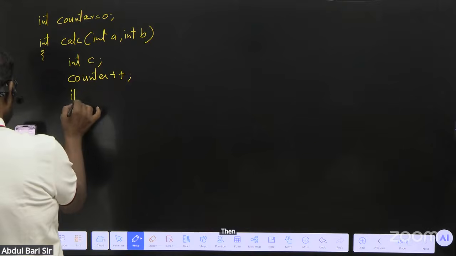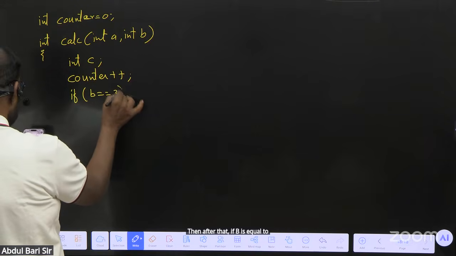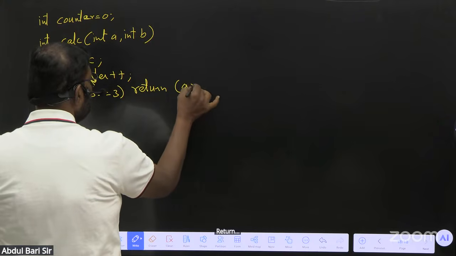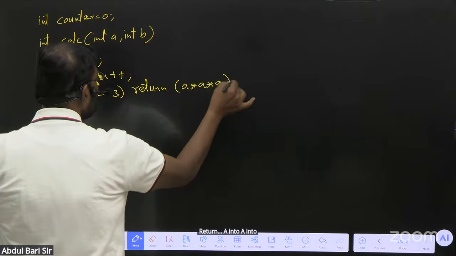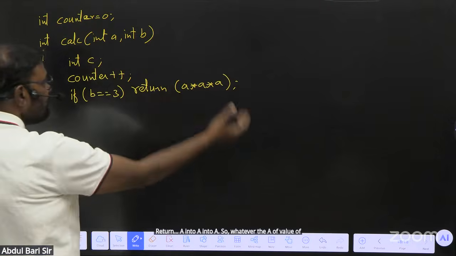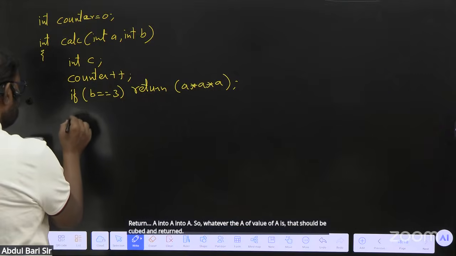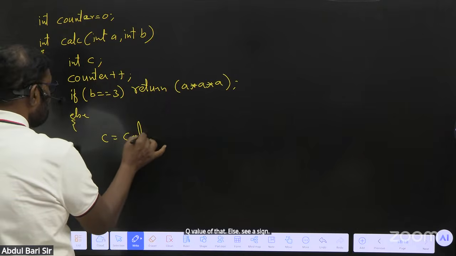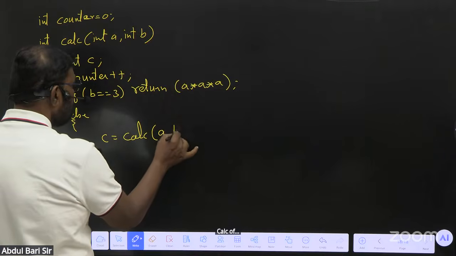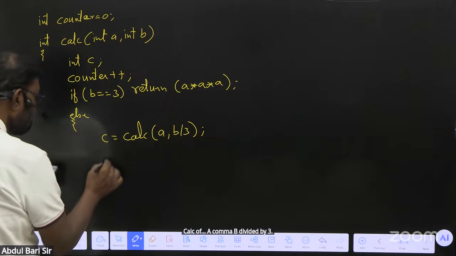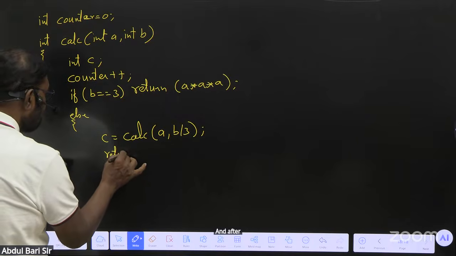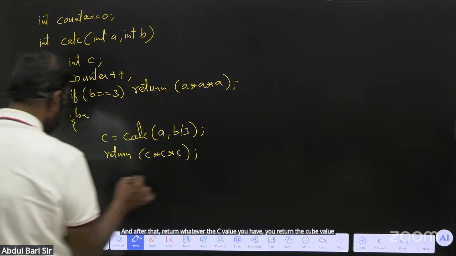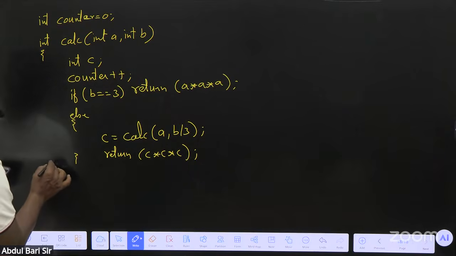Then after that, if b is equal to 3, then return a into a into a. Whatever the value of a is, that should be cubed and the cube value returned. Else, c is assigned calc of a comma b divided by 3. And after that, return the cube value of c. Then this is the end of the function.